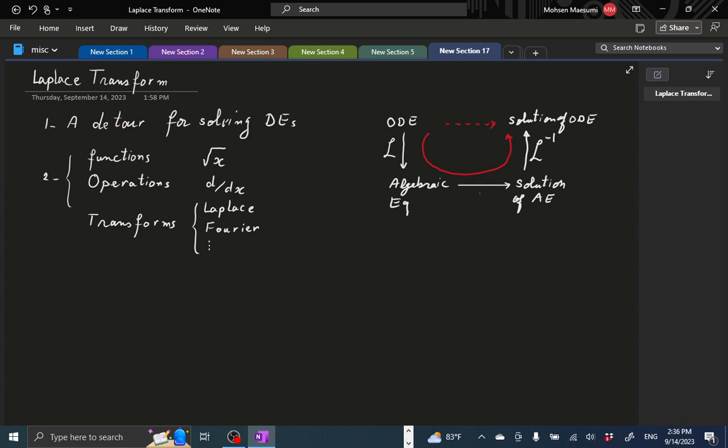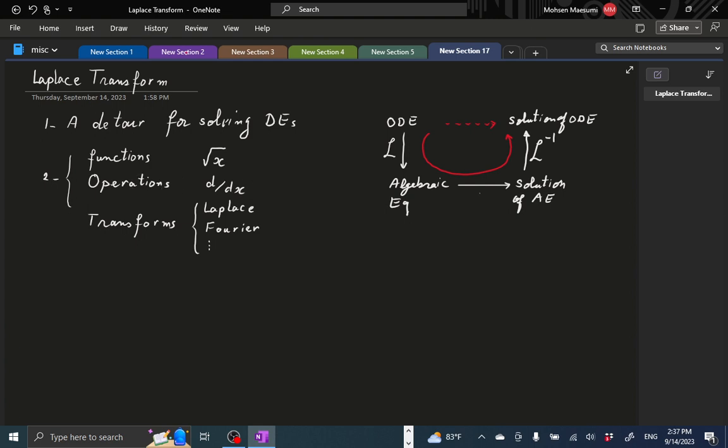Well, we keep talking about it, but what is Laplace transform? Well, in pre-calculus, you learn about functions like square roots, logarithm, exponential, sine, and cosine. These functions, they take a number in and then they give a number out. Like if you give 25 to square root function, it gives you a 5.